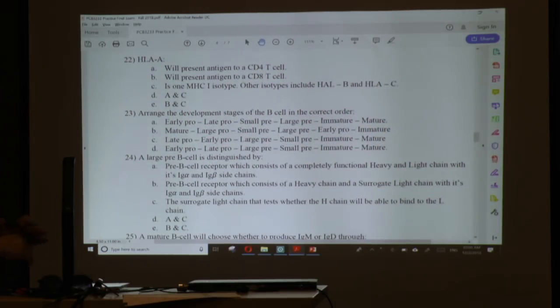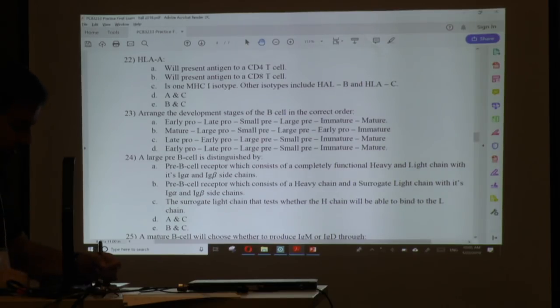So HLA-A, is that a type of isotype? What is it? Is it MHC1 or MHC2? MHC1, and you also have other types of HLA-As, right? You have HLA-B, HLA-C, and so on and so forth, depending on if you're heterozygous or homozygous for it. So MHC1 presents to B cells, or CD4 T cells or CD8 T cells?